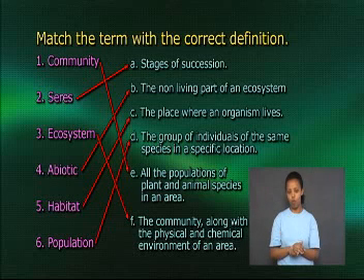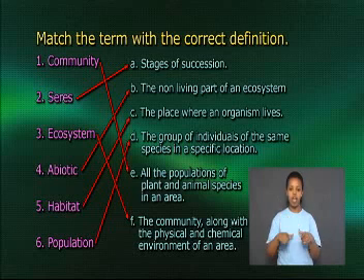The term ecosystem describes the community along with the physical and chemical environment of an area. The term abiotic describes the non-living part of an ecosystem.